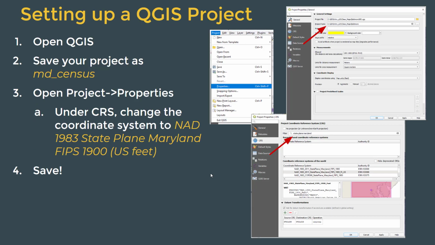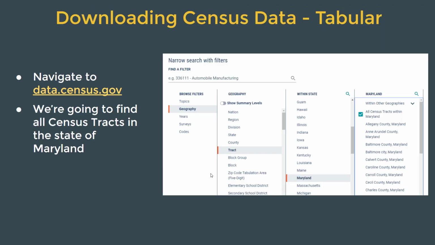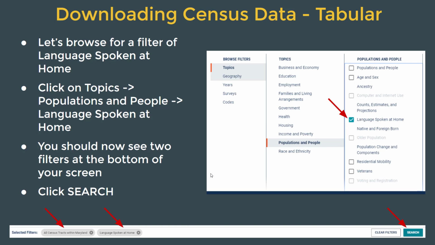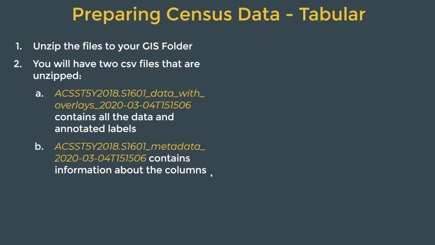Setting up the QGIS project, again, we'll go over this in another video, but opening up QGIS and just following some procedures, just like we would with setting up a project in ArcMap. We're going to walk through bringing a shapefile into QGIS and reprojecting it, downloading tabular census data, that sort of table that we're going to join to the geography of census tract data.